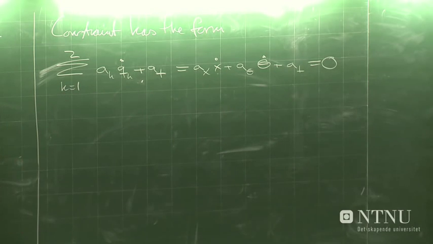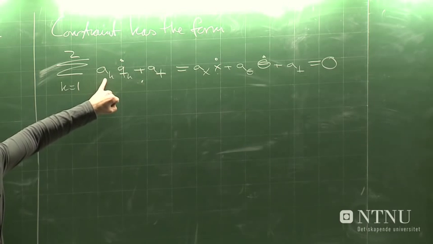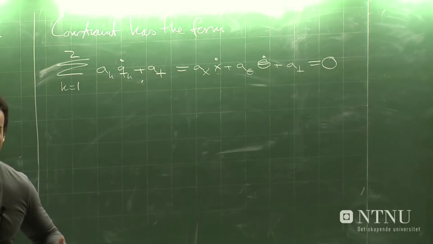We now have just one constraint equation, so there's no need to attach any l index, because l was the number of constraints.